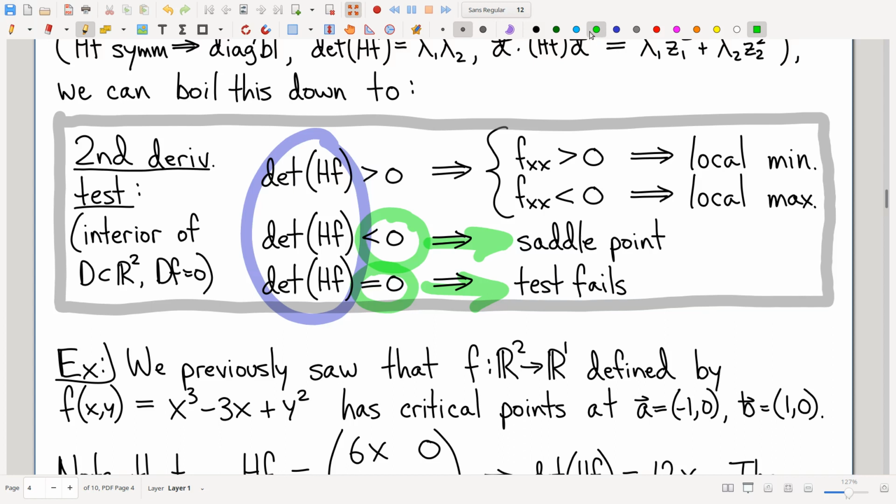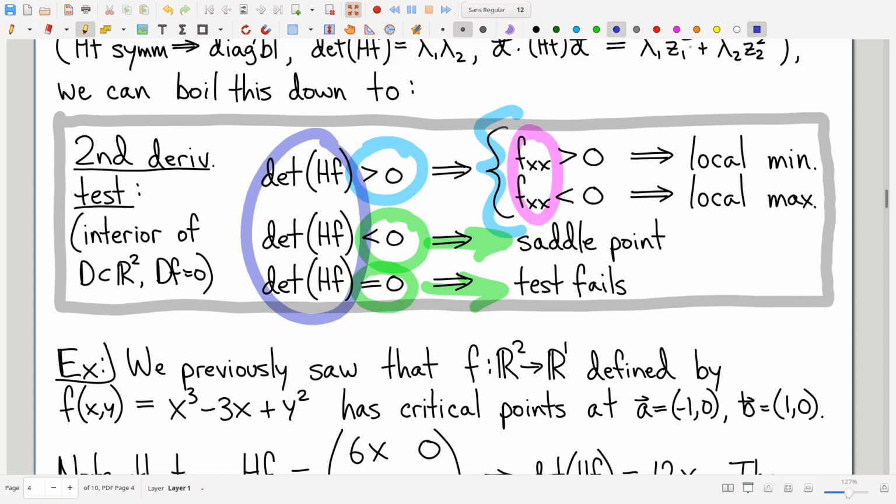The other case, and a fairly common occurrence, of course, is for that determinant to be positive. If the determinant's positive, then there is a next thing that you have to look at. You don't immediately get a conclusion from this determinant being positive. You then have to look at the actual value of the top left entry in that Hessian matrix, namely the XX second partial, and the nice conclusion looking at that XX second partial.